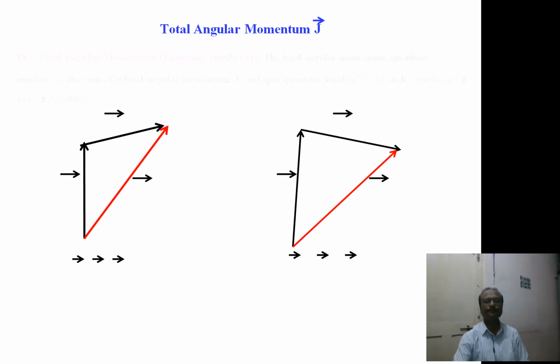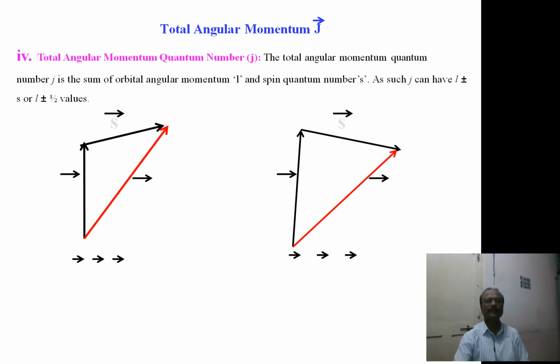So as we know, in the atom, when the electron revolves around the nucleus, then due to its orbital motion and spin motion, the total angular momentum vector J is formed. We can see these two figures depending upon the value of spin.